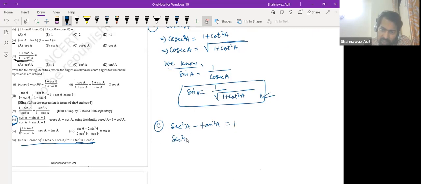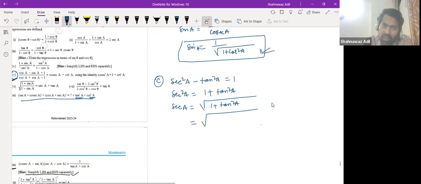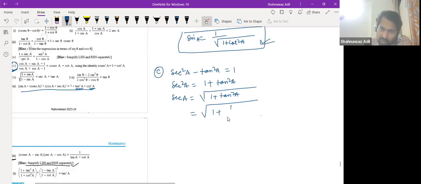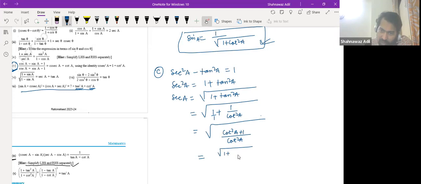So sec square A is 1 plus tan square A. So sec A is the root of 1 plus tan square A. And I already know that tan square A is 1 by cot square A. So if I take the LCM, which is cot square A, this goes in here, so cot square A plus 1. So this is root of 1 plus cot square A.